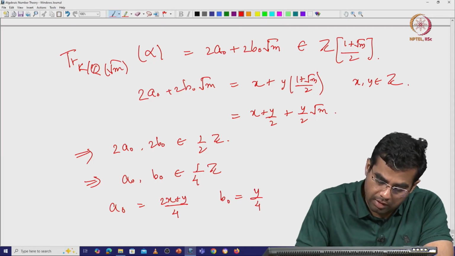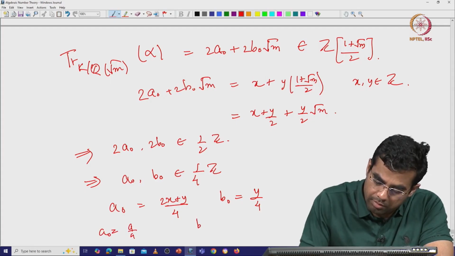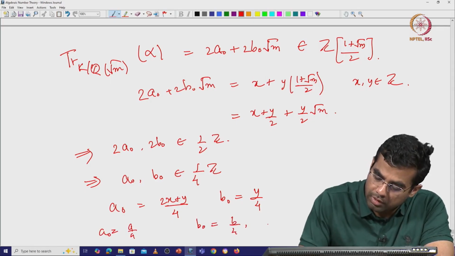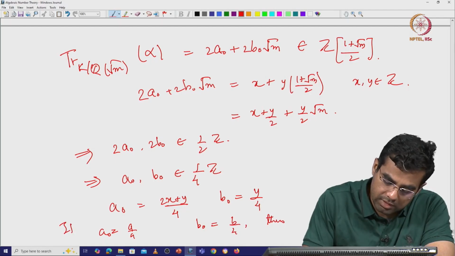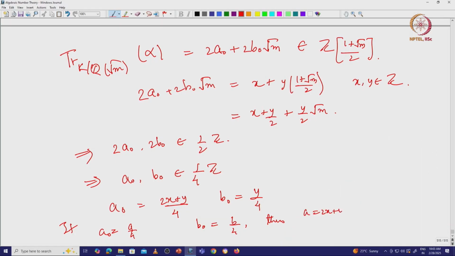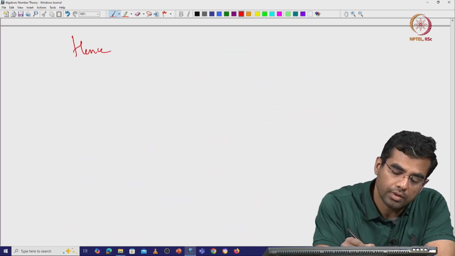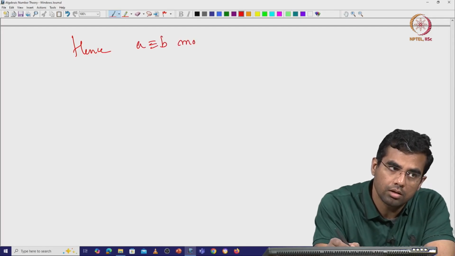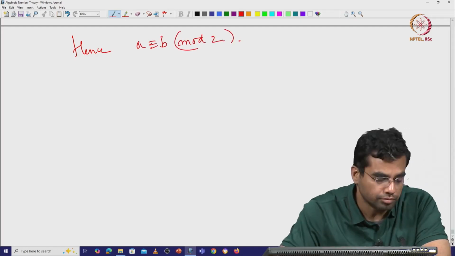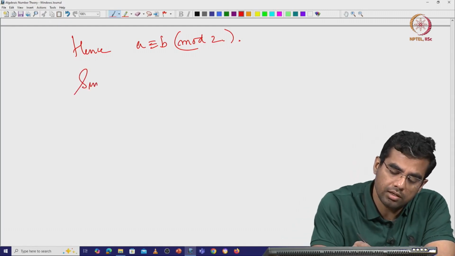And so if I write a0 as a/4 and b0 as b/4, then if this holds, a is 2x plus y and b is y, which means that a and b are congruent mod 2. So hence a is congruent to b mod 2. And then we can do the same thing.